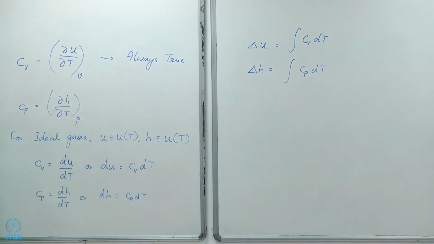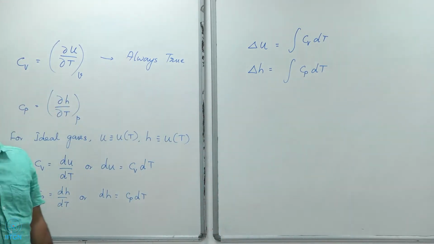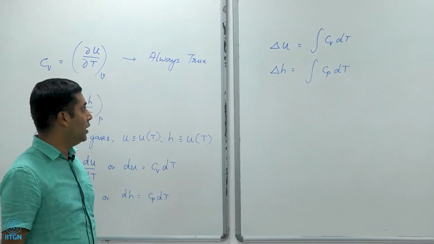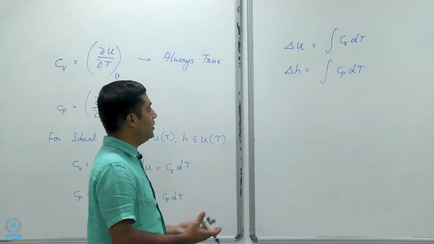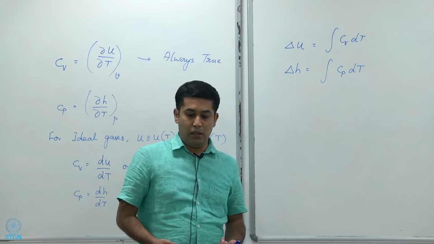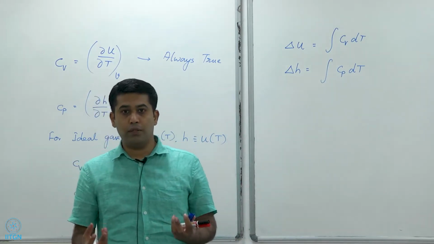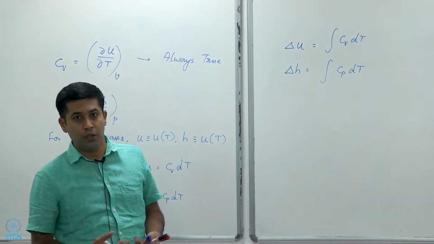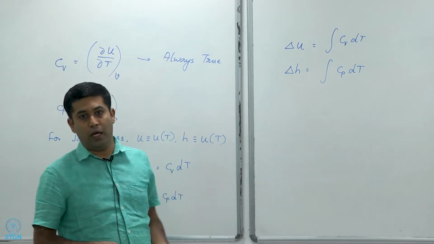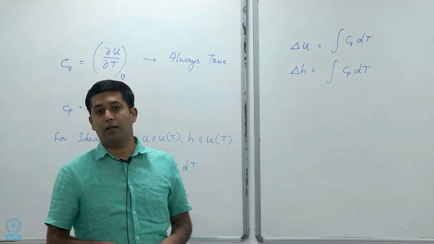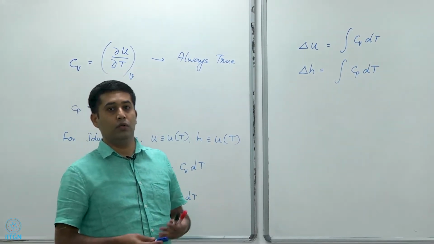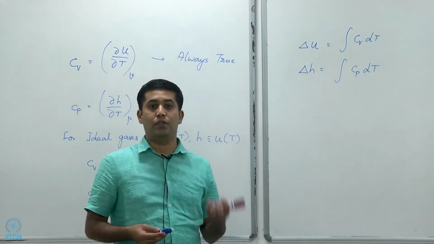And as you can imagine, it's not always easy to perform this integration. As we will see in this course, we will work with computerized tools, and those tools make it very easy to evaluate these integrals, and in fact it's already done for you. So you can get properties directly from these computer tools.